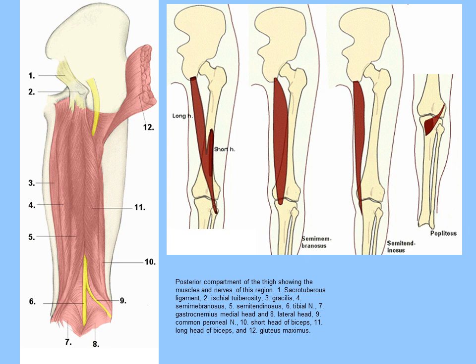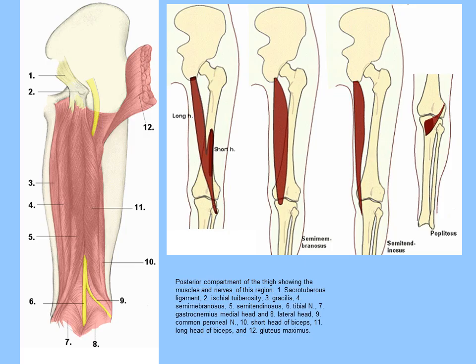The last compartment is the posterior compartment. So the posterior compartment is basically the hamstring muscles. The nerve within the posterior compartment is the sciatic nerve. As previously discussed, the sciatic nerve is actually two nerves wrapped in a fascial sheath.